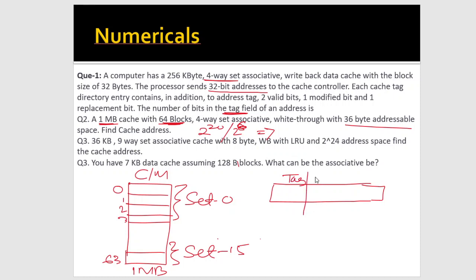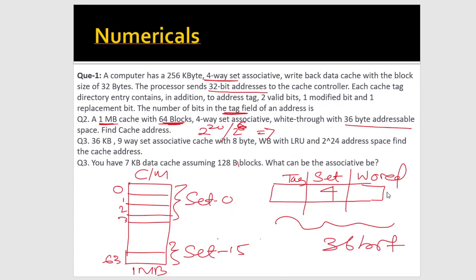Second will be set, and third will be word. Set is 16, 2 to the 4, 4 bit. Total this one is 36 bit. Word size is how much? I have to compute it.